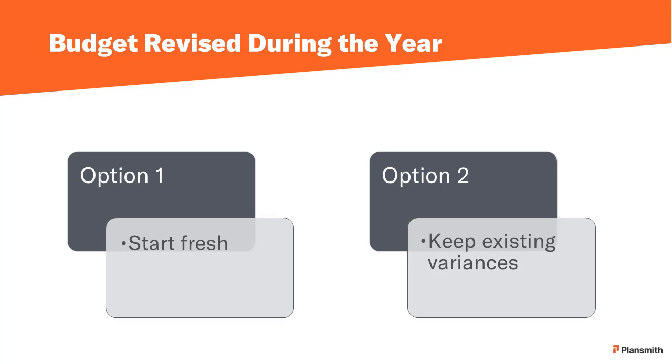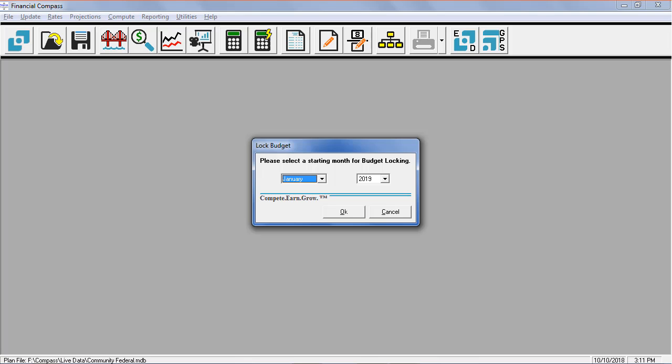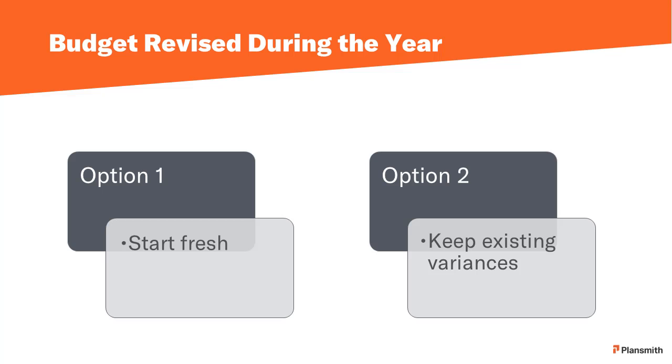Option 1 is to use actual results for any months that are completed at the time of the budget revision. That way you begin your new budget with a clean slate and there will be no year-to-date variances. If you want to do that, make sure that the month of the Lock Budget box is January of the budget year. Option 2 is to keep the old budget numbers in the months that have passed rather than the actual results.